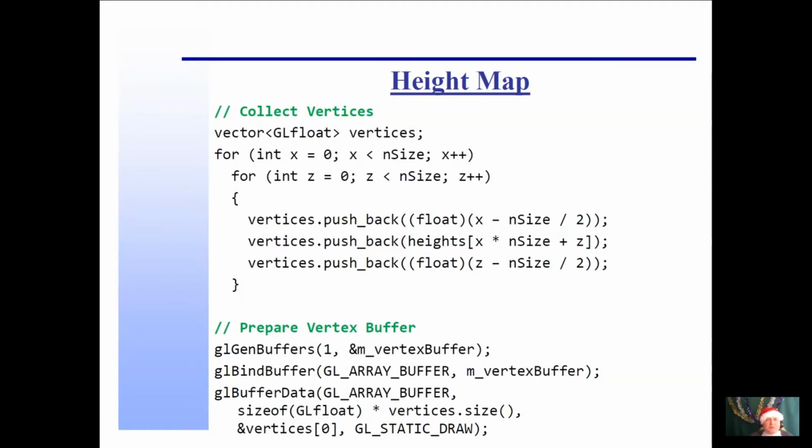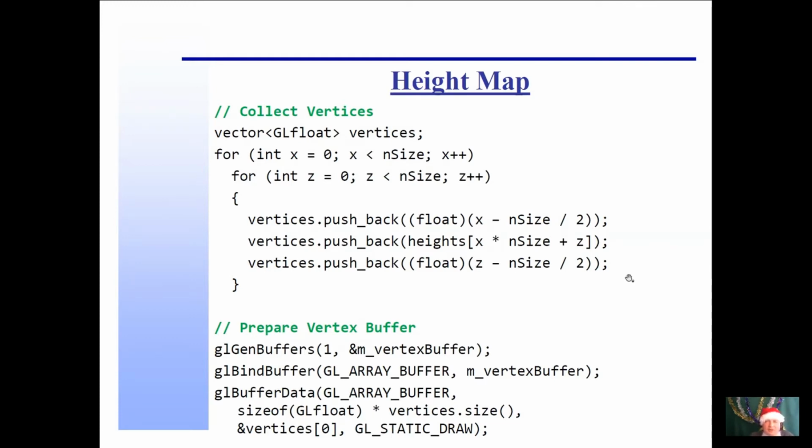And for each point on the map, we set x equal to x minus size divided by 2. So it's the x coordinate translated from the position on the map, remembering that we have remapped these map coordinates so that the 0, 0 coordinates are in the center of the map.